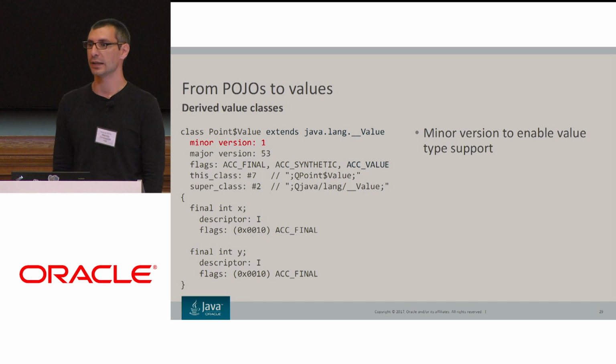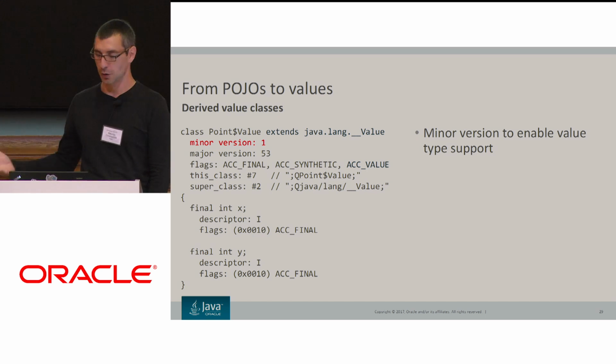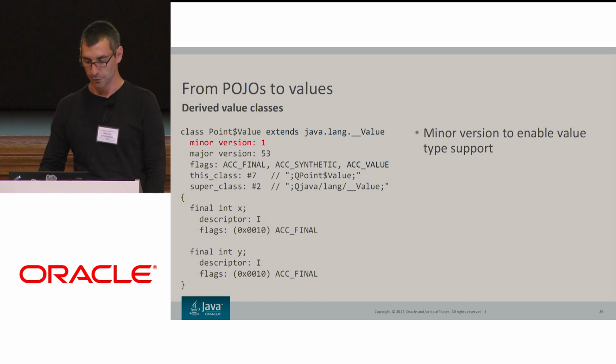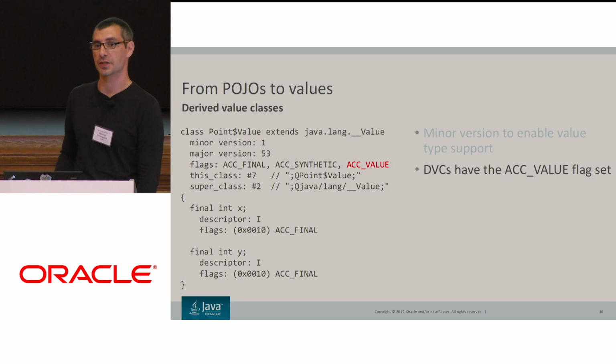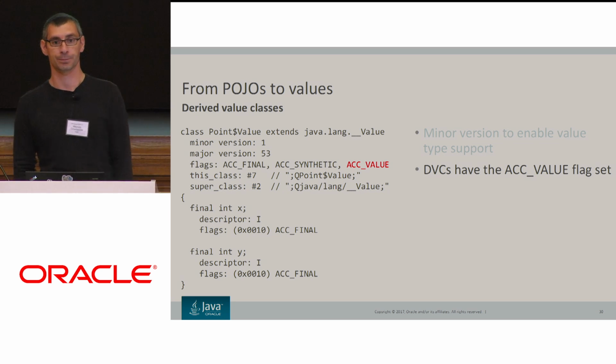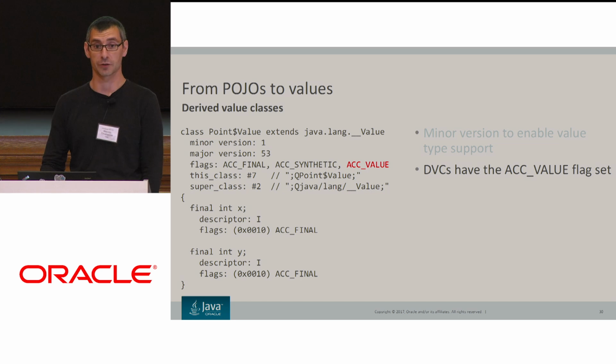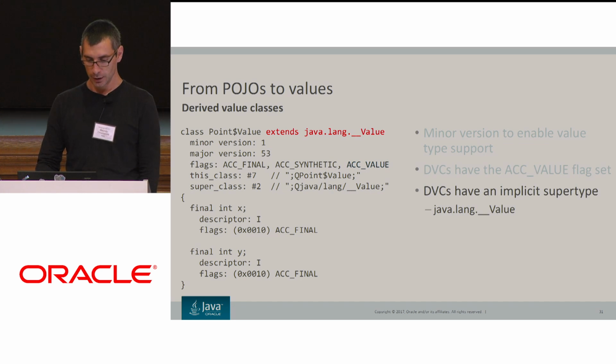And this is really what tells the VM to unleash all the value type magic so that we can start using the new opcodes, the new constant pool entry mangling, and all that's associated with values. In fact, as you see here, this class has been marked with ACC_VALUE to say that this is actually a true value. There is a supertype that has been injected by the VM.